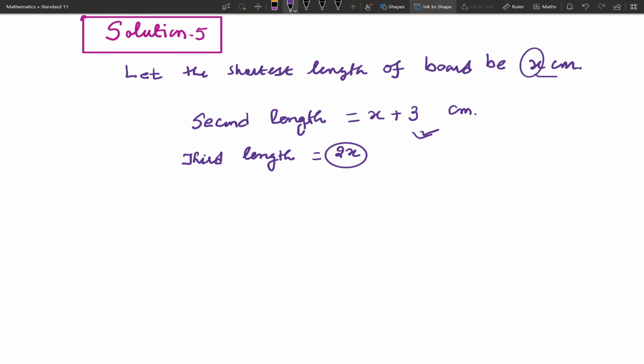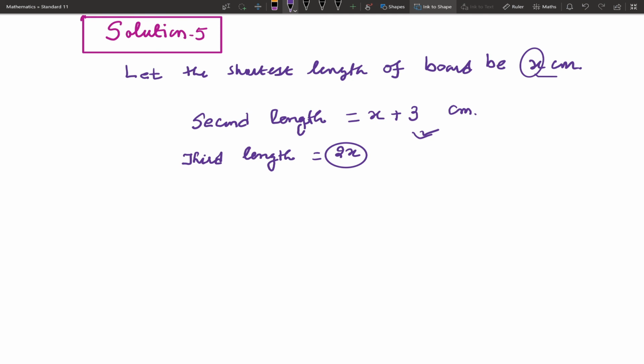Now we are given that this can be made from a board of length 91 centimeter. A man wants to cut 3 lengths from a single piece of board whose length is 91 centimeters.